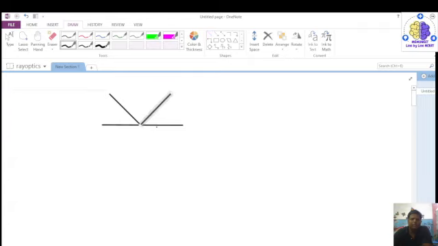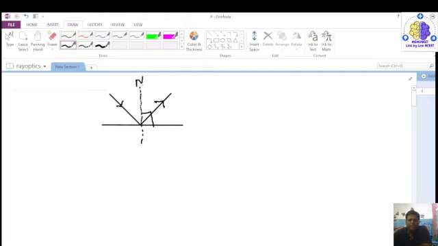After getting incident, it will get reflected to the same medium. So this was your incident ray, this is your reflected ray, and if I draw a line which is perpendicular to the surface, this is known as the normal.